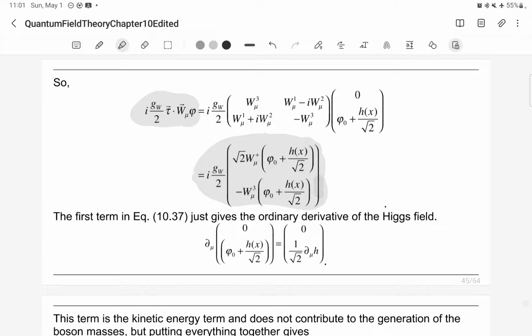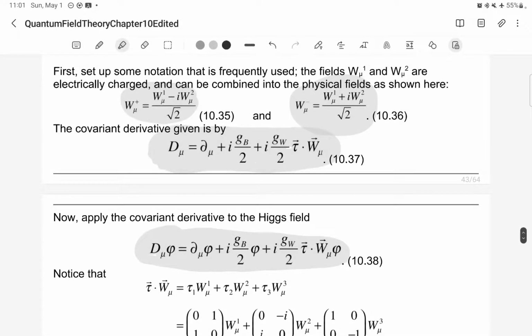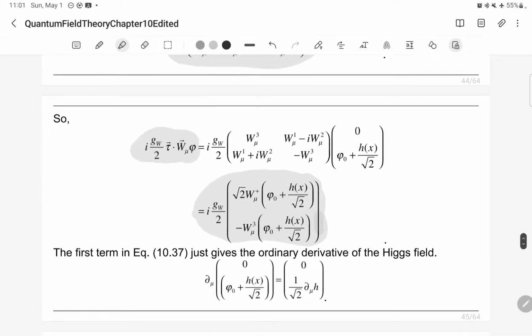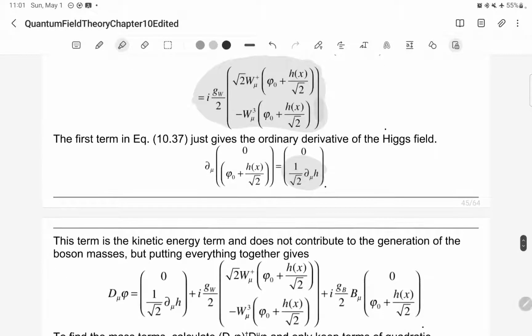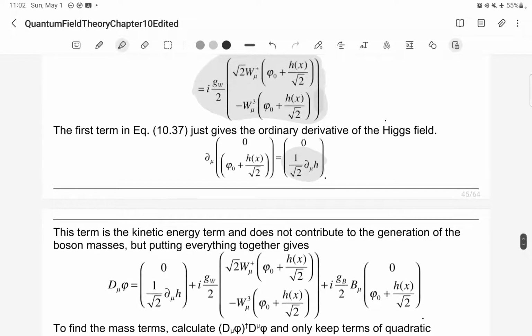Now for 10.37, if you look back, this one, the first derivative would just give you this one, only this, because phi sub o is a constant, and the next term would be given by this one supposedly, and then you add them all together.